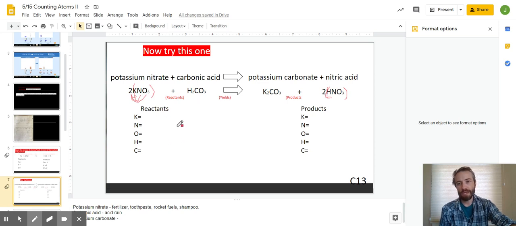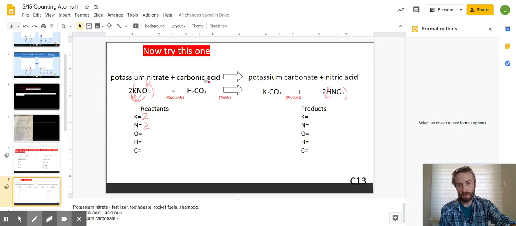So go ahead and start writing your reactants down here, and I'm going to do the same. So I'm looking at, oh, and be careful because there's oxygen here too. So if you're totaling up all of the atoms, you need to make sure you include these. So for potassium, I have 2. For nitrogen, I have 2. Oxygen is tricky because I have 2 times 3 is 6.